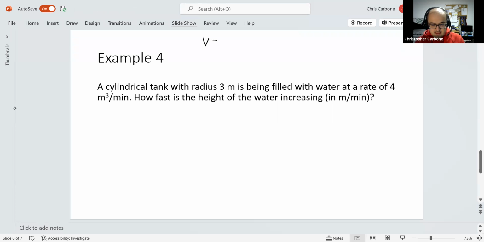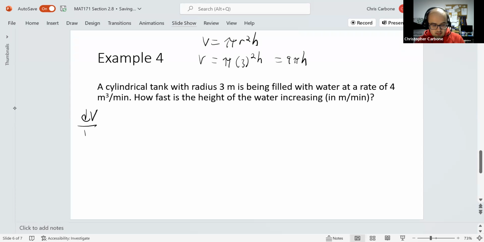The formula is pi times r squared times h. Using a radius of 3, this volume becomes pi times 3 squared times h, so 9 pi h.